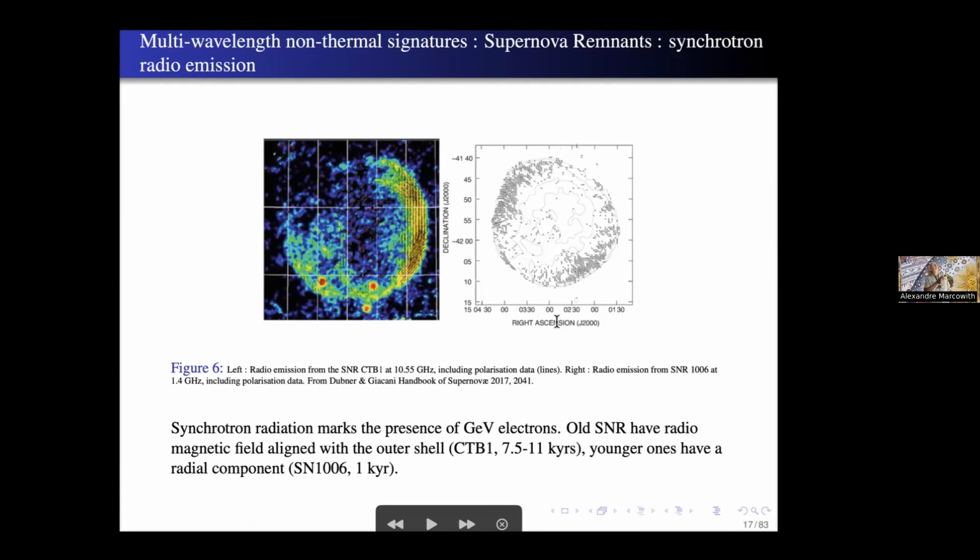Here you have more radial component of the magnetic field. So the difference is likely associated with some instability occurring in younger objects, for instance Rayleigh-Taylor, which can elongate the gas and also with it the magnetic field.